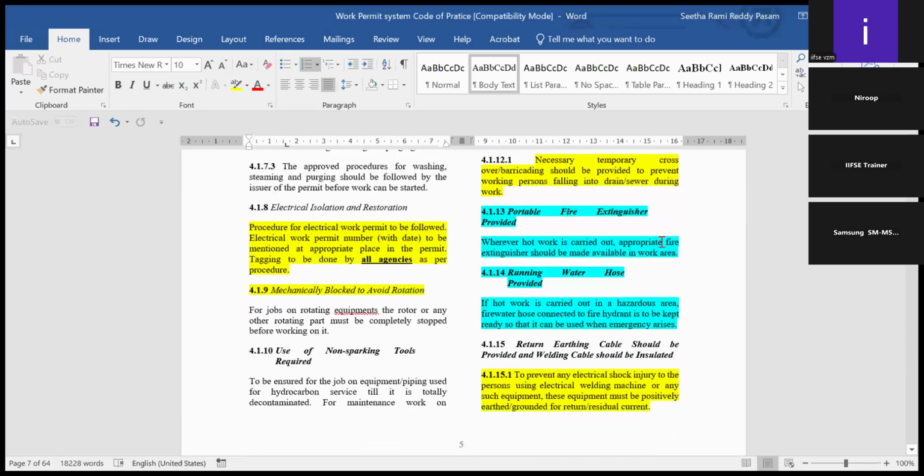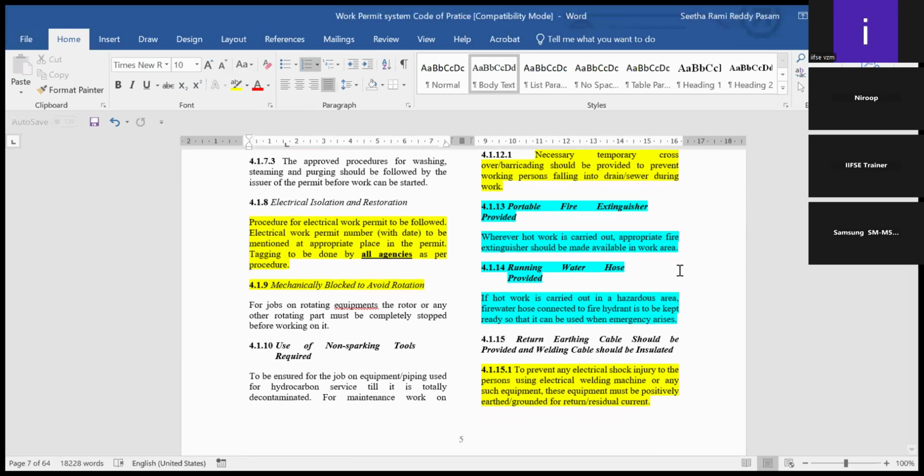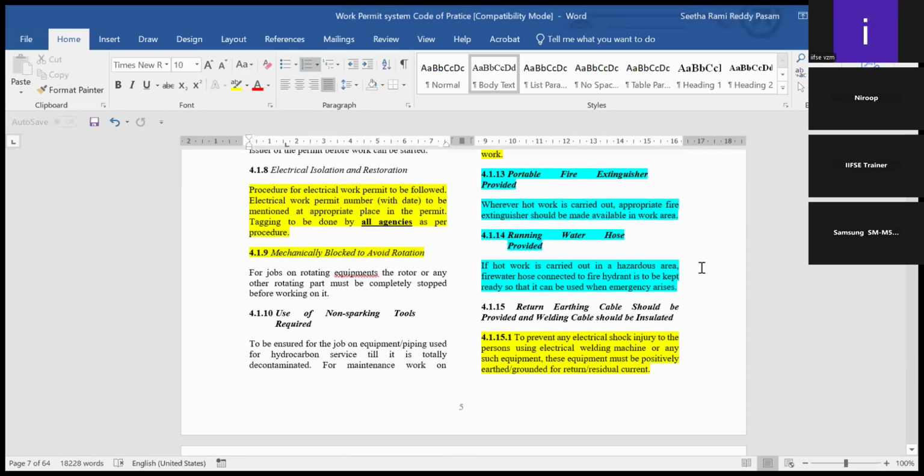Then portable fire extinguishers. Wherever hot work is being carried out, an appropriate fire extinguisher should be made available in the work area. Then running water hose. If the hot work is carried out in a hazardous area, a fire water hose connected to the fire hydrant is to be kept ready, so that it can be used in case of any emergency.